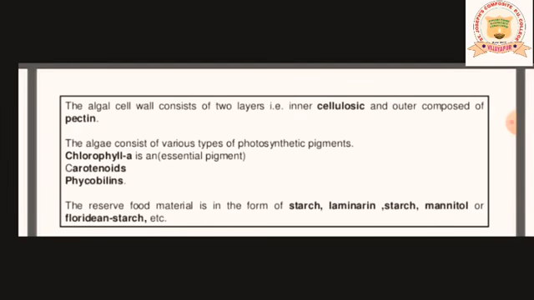Okay, then the algae consists of various types of photosynthetic pigment. As I said, the majority of the algae are green in color, and I said that they are autotrophs. What do you mean by autotrophs? Autotrophs are nothing but the plants which can prepare their own food. They are capable of preparing their own food with the help of a pigment called chlorophyll.